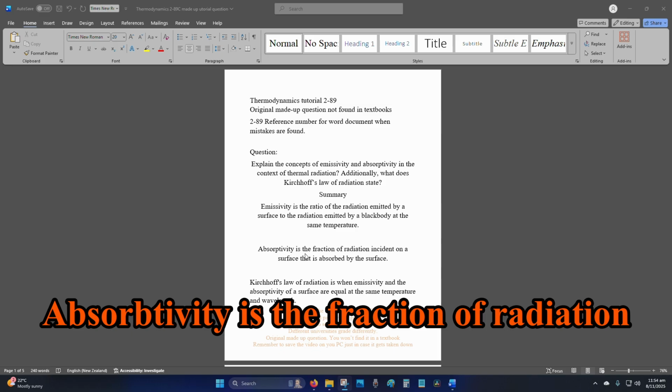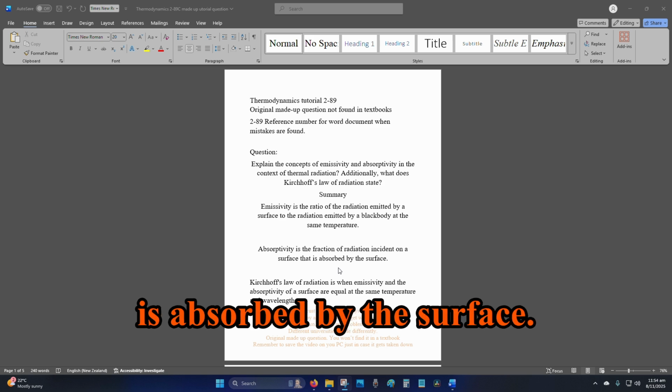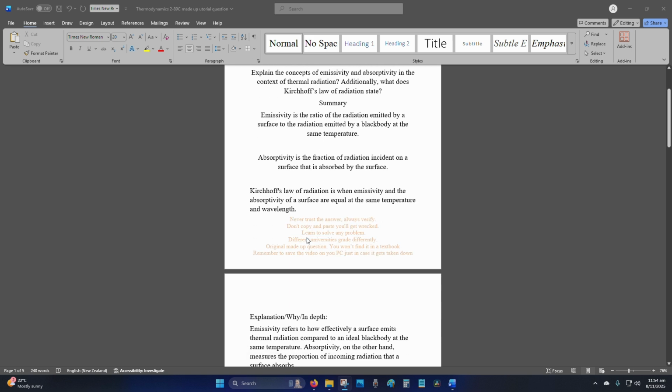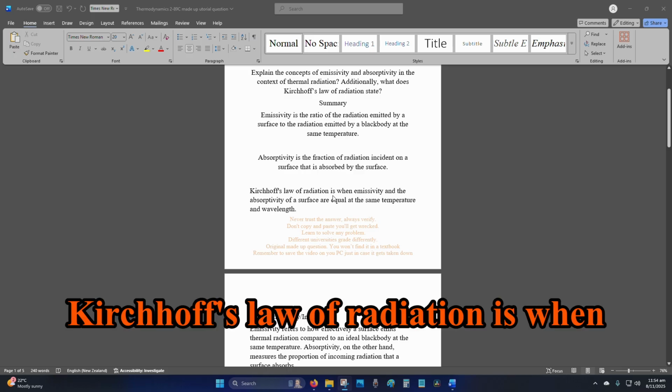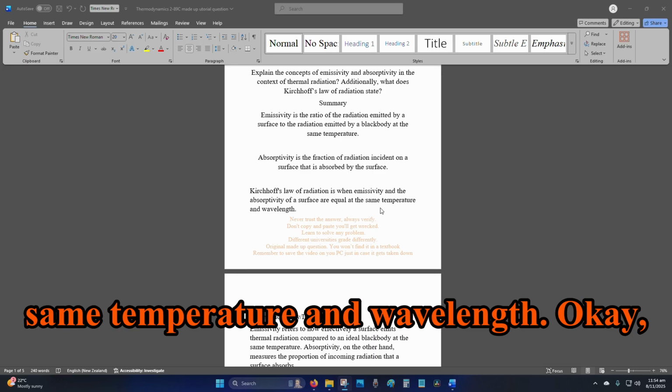Absorptivity is the fraction of radiation incident on a surface that is absorbed by the surface. Kirchhoff's law of radiation is when emissivity and absorptivity of the surface are equal at the same temperature and wavelength.